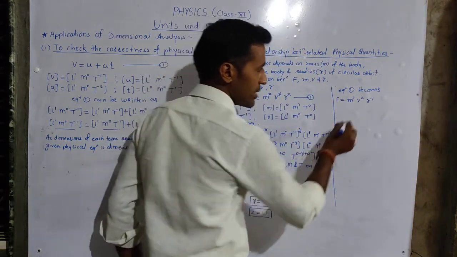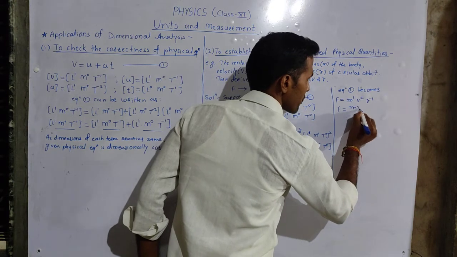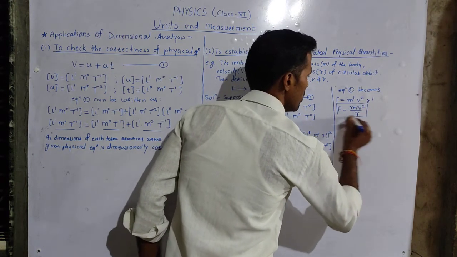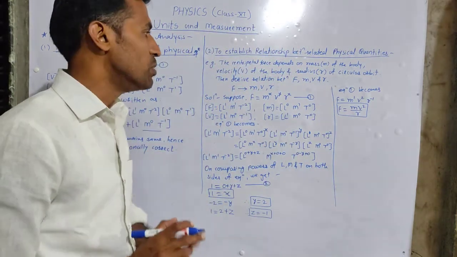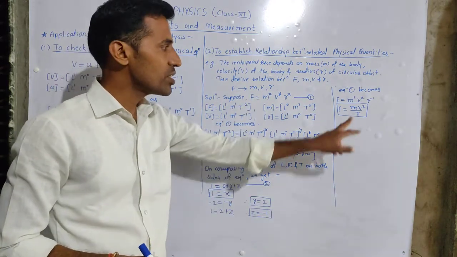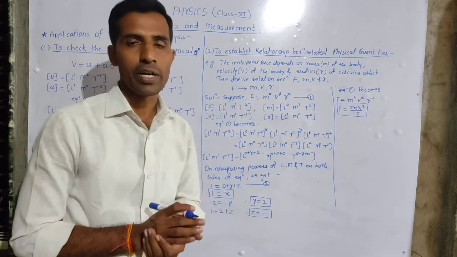Okay, let's arrange this. F is equal to M V square upon R. So this is the exact relation between force, mass, velocity and radius. This is the centripetal force which is given by mv square upon r.